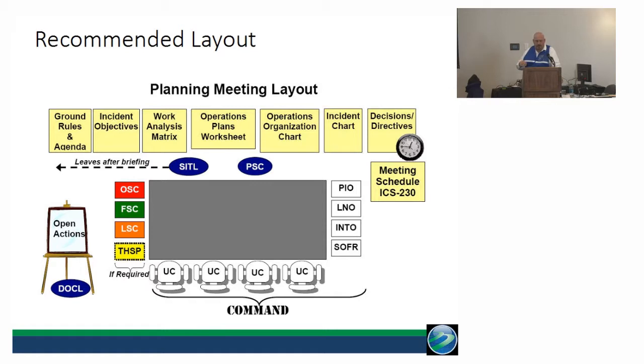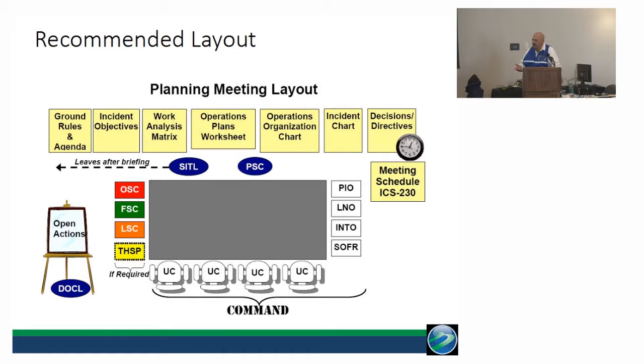Because what that does, the work analysis matrix is how are we going to meet your objectives? You've got the incident objectives over here. Well, the work analysis matrix, and Aaron probably talked about this, says how we're going to meet those objectives, and then the planning worksheet is what equipment we're going to use to meet those objectives.